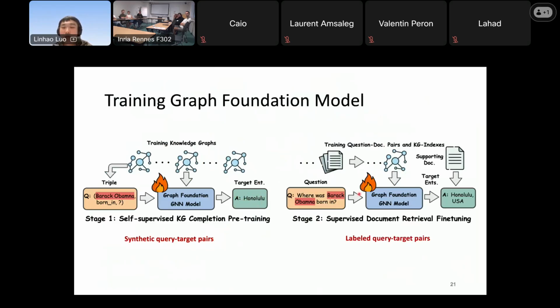In the second stage, we utilize labeled question and target pairs. We have some questions, and we feed this natural language as input into the graph neural network. In the output stage, we extract the mentioned entities in each document, and we try to maximize the probability of predicting the target entities in the supporting documents. So it undergoes this two-stage training.